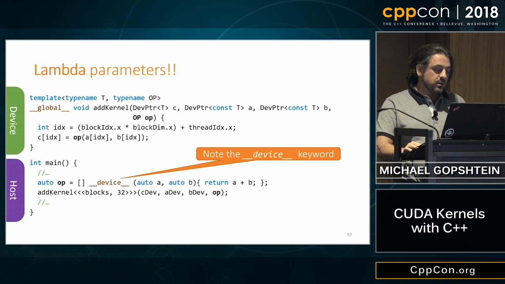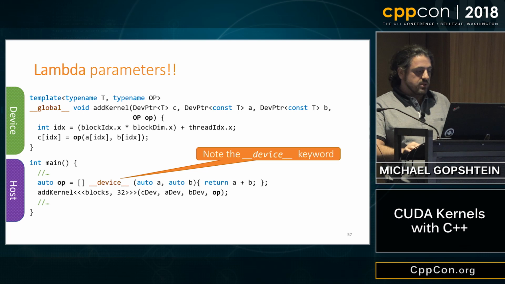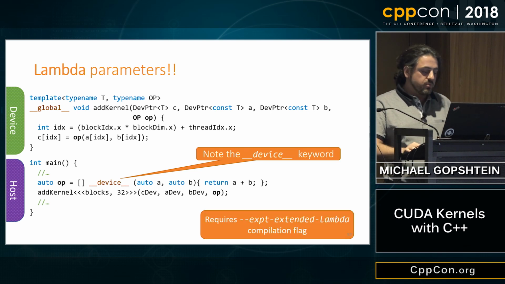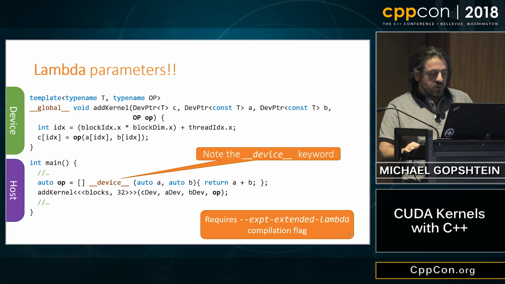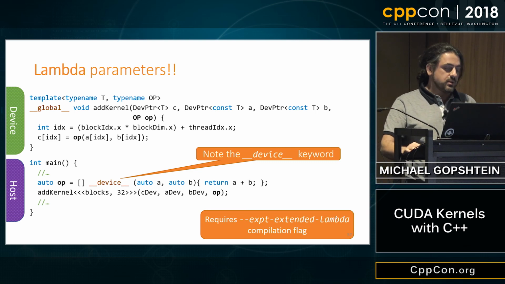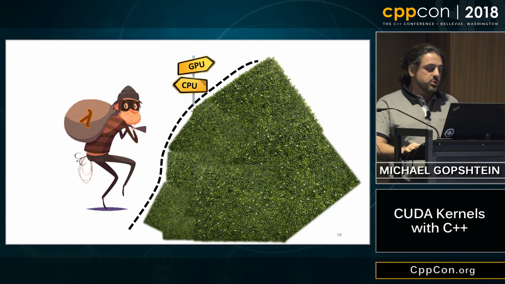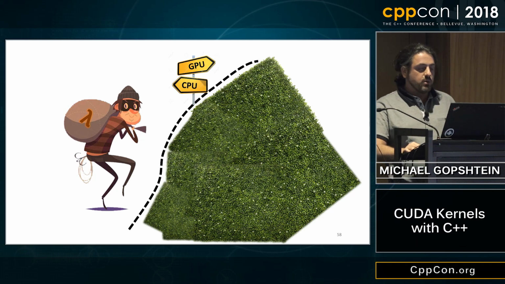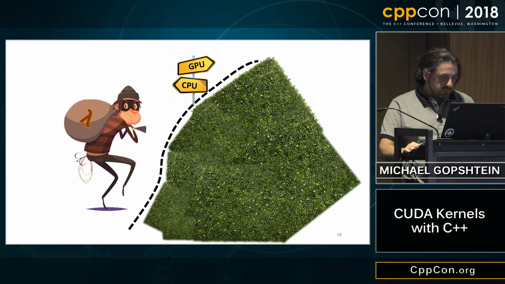This lambda indicates an operation of sum A plus B, and when we launch the kernel, we just pass it as a parameter to the kernel. For that to work, you also need to specify a special compilation flag, which adds support for the extended lambda syntax. So now we have this lambda object which passes the border between the CPU and the GPU. And the question is, what can be captured inside the lambda object?